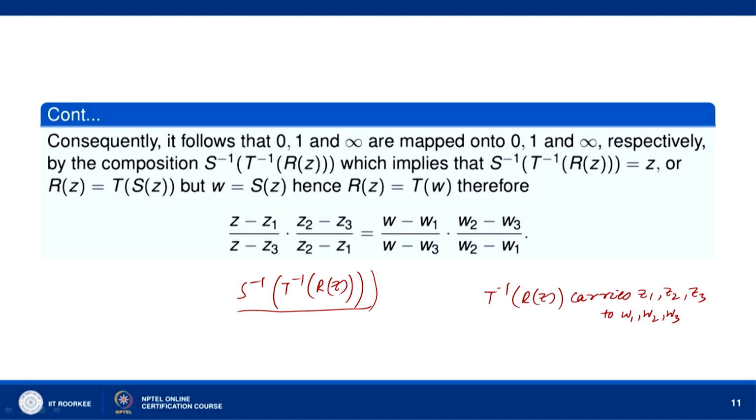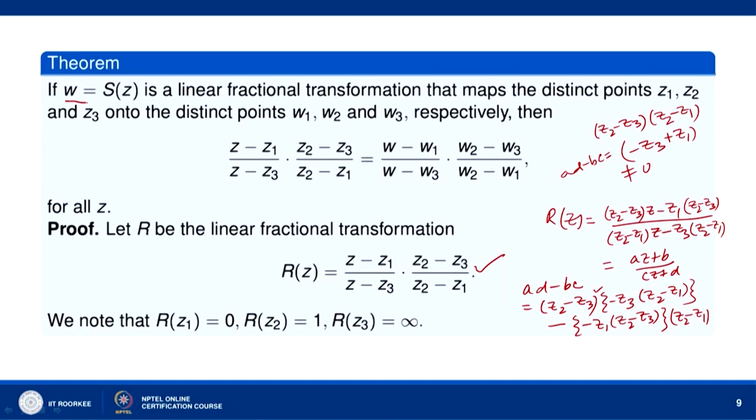Now we are applying S inverse on this mapping. Let us look at this W equal to Sz, we are given this transformation W equal to Sz which maps Z1, Z2, Z3 onto W1, W2, W3. So, this means that Z equal to S inverse W. So, this means that W1, W2, W3 go to Z1, Z2, Z3.